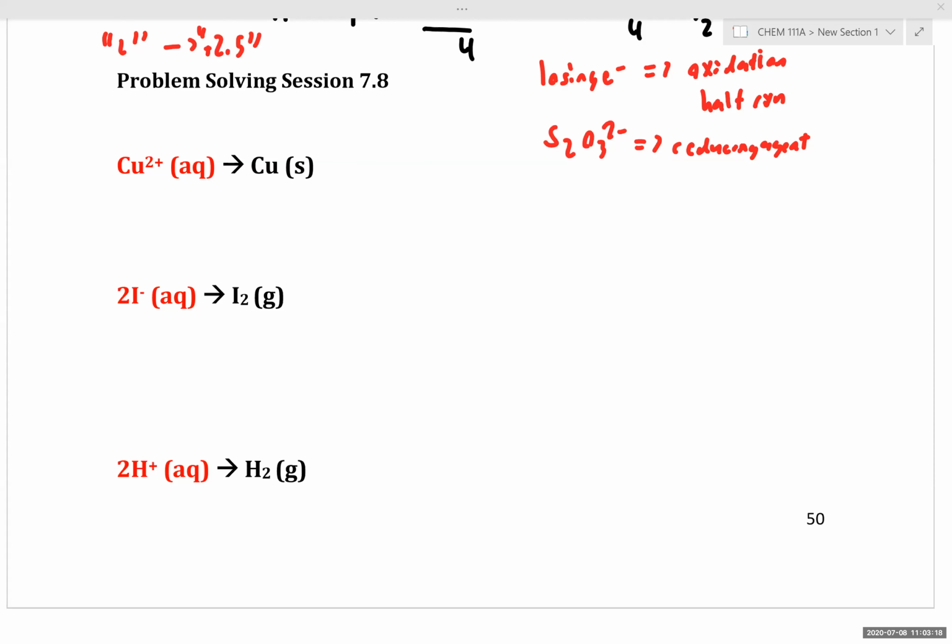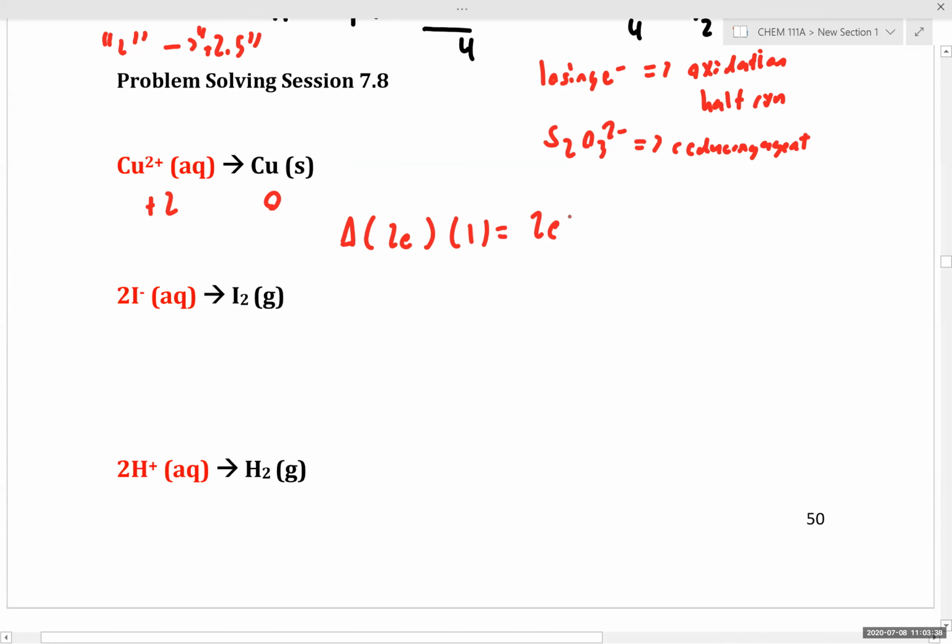Okay, so let's discuss this example. First and foremost, for the following example with copper, we're going from an oxidation number of +2 to 0. So our difference is going to be 2 electrons, and we have 1 copper atom undergoing the change. So we have 2 electrons total.